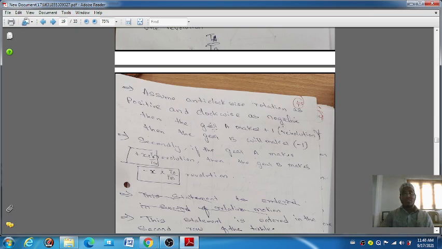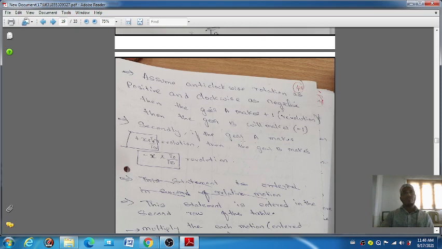If you get this point, you will easily find the answer to the problem. Then gear A makes plus 1 revolution and gear B makes minus 1 revolution. Similarly, for the second rotation we take an x value.